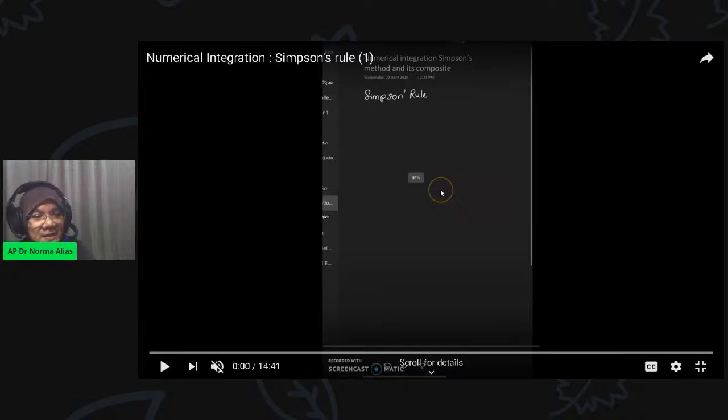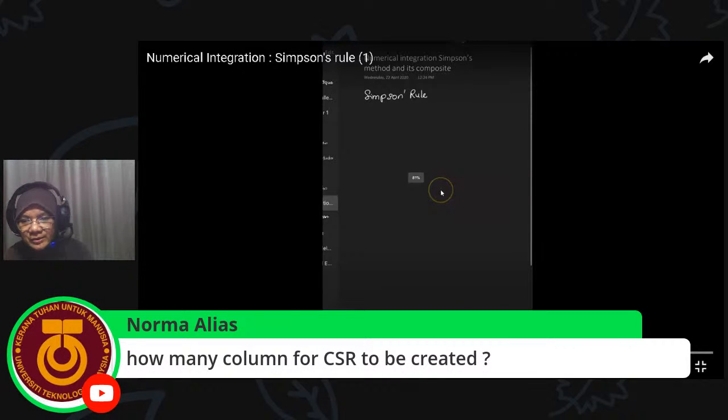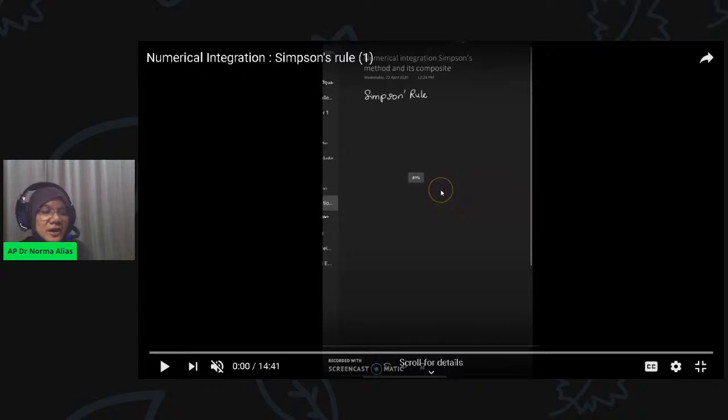So how many columns do you need to develop compared to the trapezoidal rule? For the trapezoidal, you need to develop 4 columns: i, xi, F0 plus F12, and then F1 plus F2 plus F3 up to F11. However, in the composite Simpson's rule, 5 columns, very good.